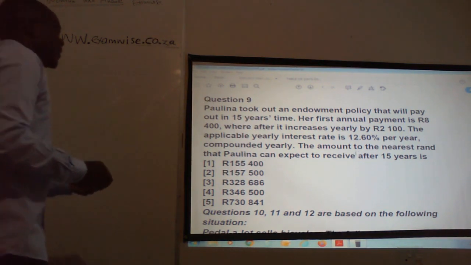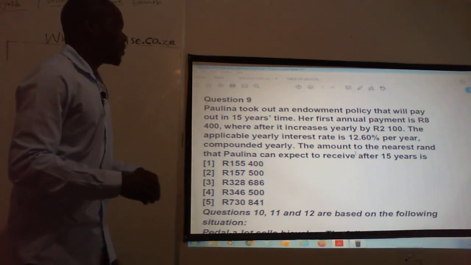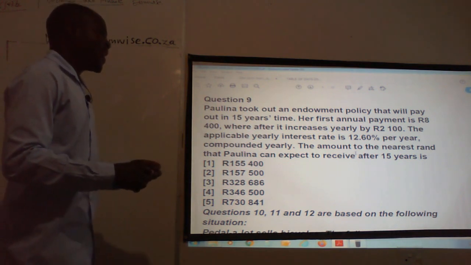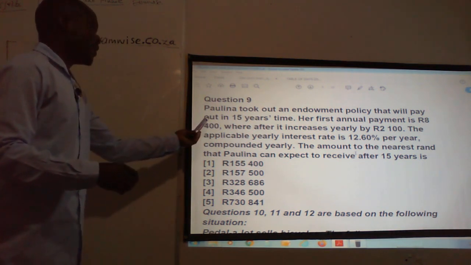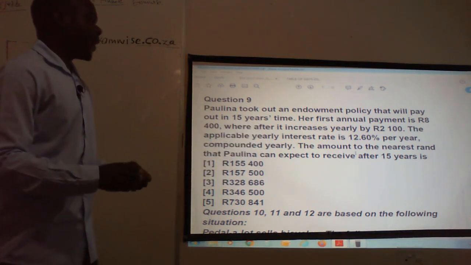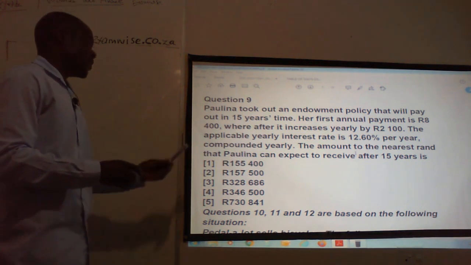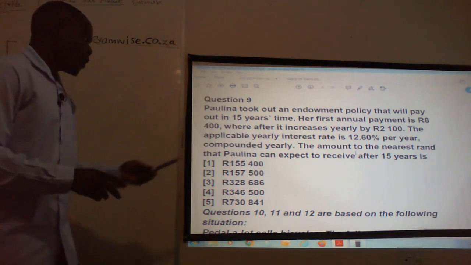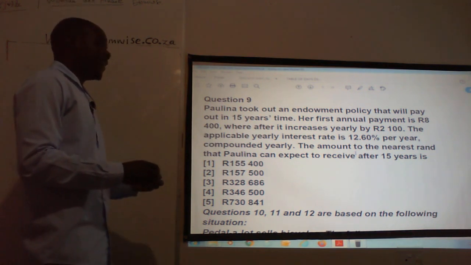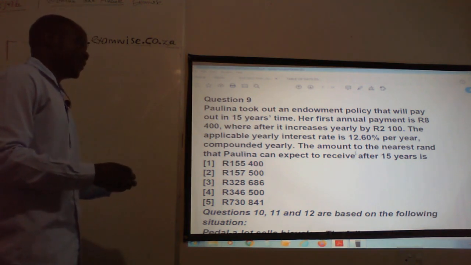So question number 9 says, Paulina took out an endowment policy that will pay out in 15 years time. Her first annual payment is 8,400, whereafter it increases yearly by 2,100.